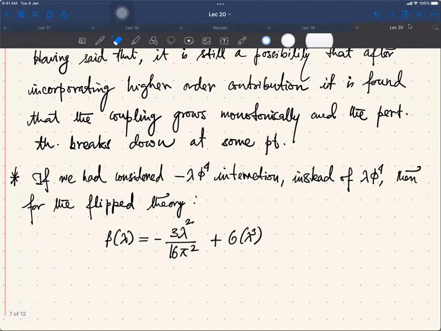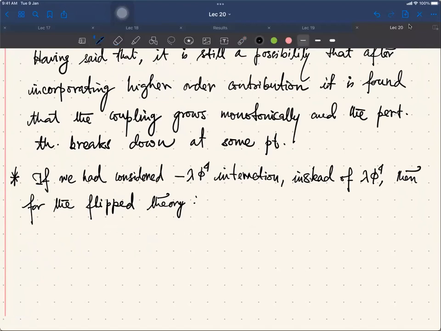I have already explained that, so let me just directly write down the result. Of course, this theory has quantum instability, non-perturbative quantum instability because of the wrong sign, just like in phi-cube theory.